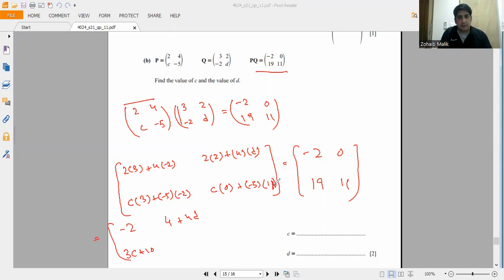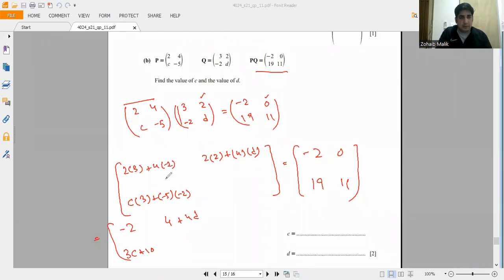Sorry, I think I have done something wrong. So this is C into 3 minus 5 into -2, and for this I need to multiply this one, but I have multiplied this one by mistake. Let me correct this.